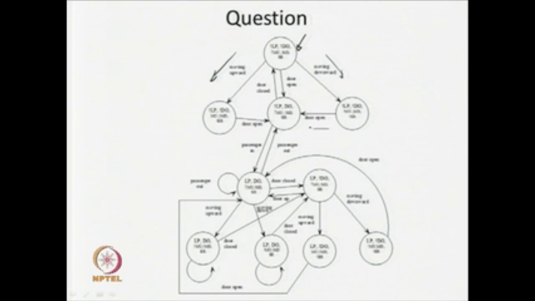Door open and door close are events, and depending on those it goes into different states, and all the states are labeled with the control signals which are true there. Similarly, passenger in and passenger out are events, and depending on those it goes to some other state, and after that we can close the door. Once we close the door, it will move upward or downward. If, without closing the door, we try to move up or down, then it will go to the error scenario.